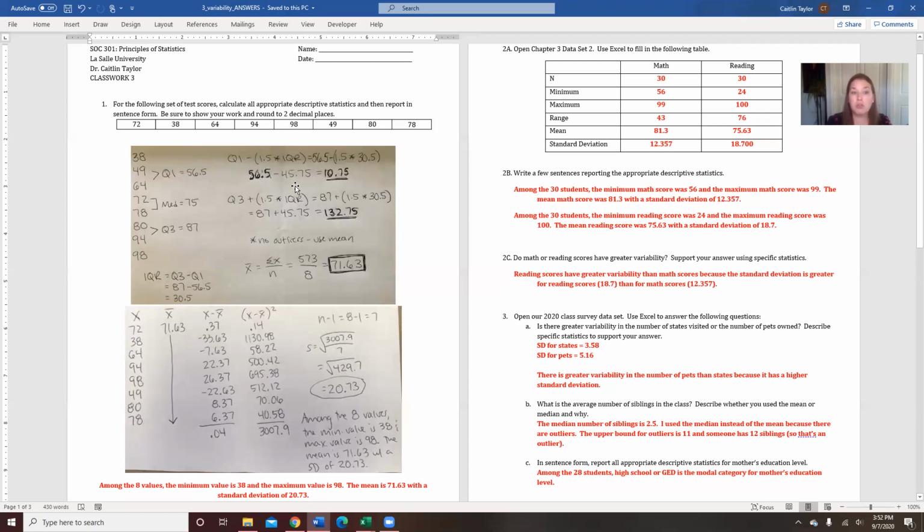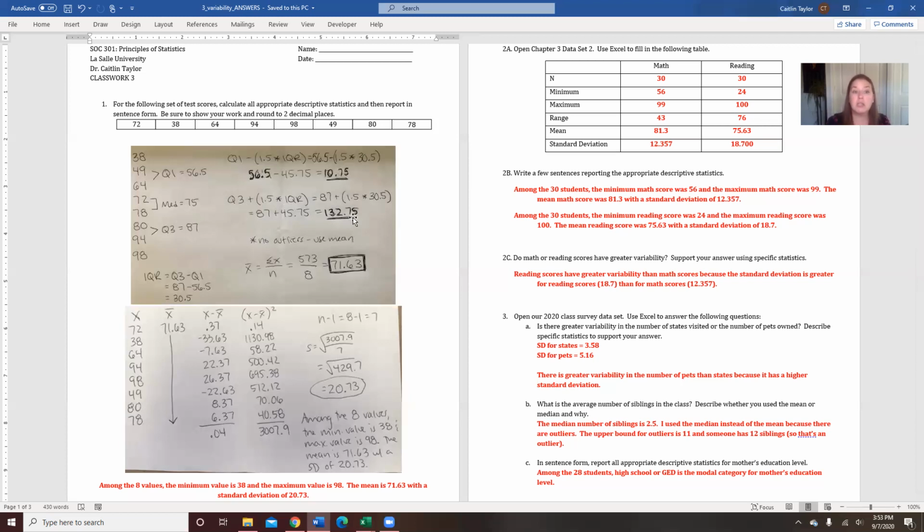Solve the math on that, and you should get a lower bound value of 10.75. Then the formula for determining our upper bound for outliers is Q3 plus 1.5 times the IQR. Plug in our Q3 from over here, plug in our IQR, solve the math, and that gives you an upper bound value of 132.75.